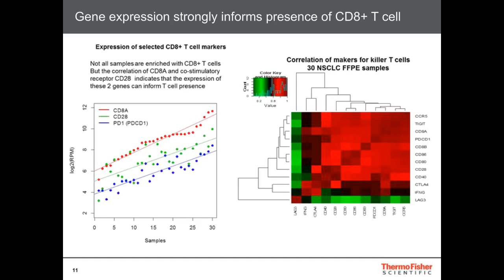And so this exemplifies the value of a panel-based approach with a large number of markers. Rather than having to make one measurement on one marker and relying on one value, you can make measurements on a large number of genes that are expected to be highly mutually correlated, and all of that data reinforces each other, and indeed this is what we see.